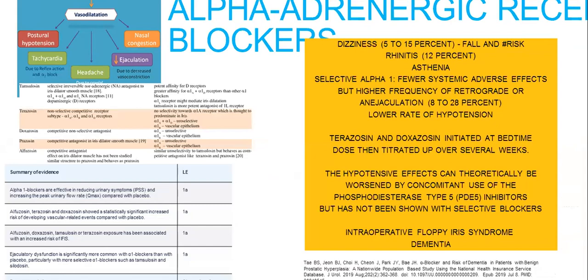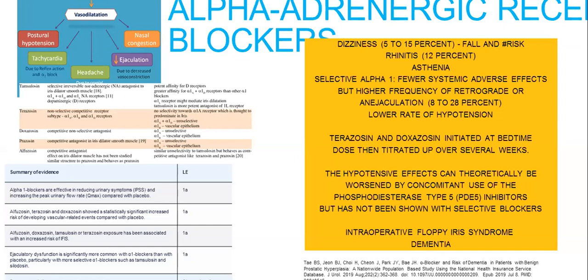It had a triad of findings: intraoperative miosis, iris prolapse, and a billowing flaccid iris. This means that patients undergoing cataract surgery had increased rates of iris trauma and posterior capsular rupture. So the AUA guidelines suggest that men who have planned cataract surgery should withhold the alpha blocker until the surgery has been completed.